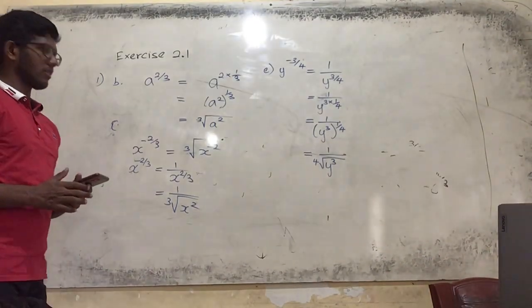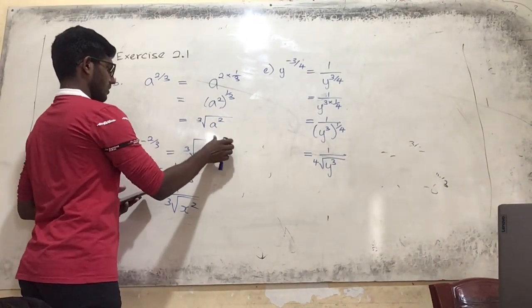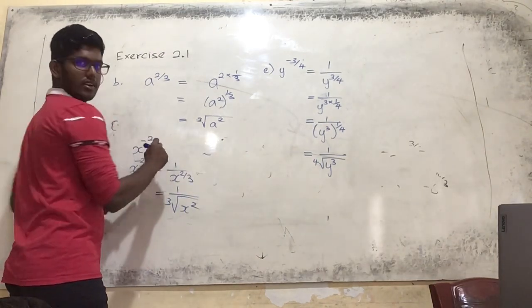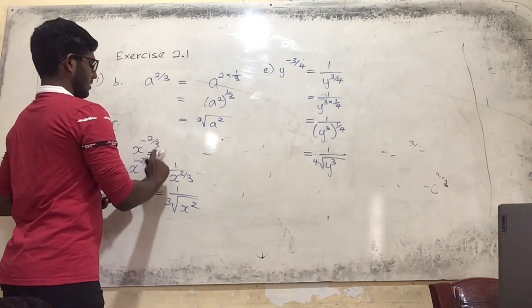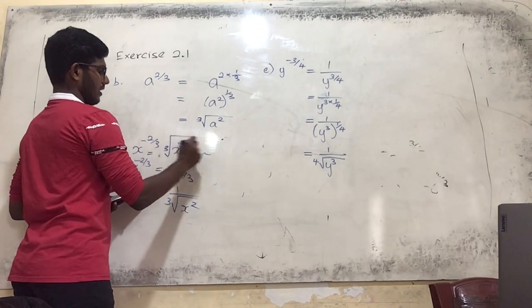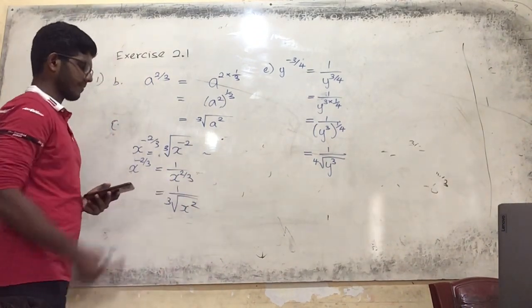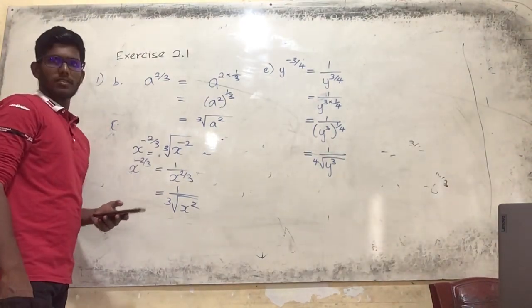If something here is not clear, like the tiny part on the board: denominator here, numerator. Okay. So I hope it is clear. Pause the video, write it down.